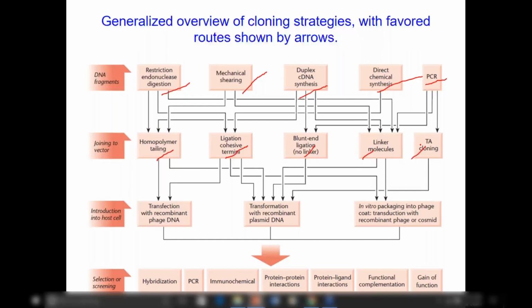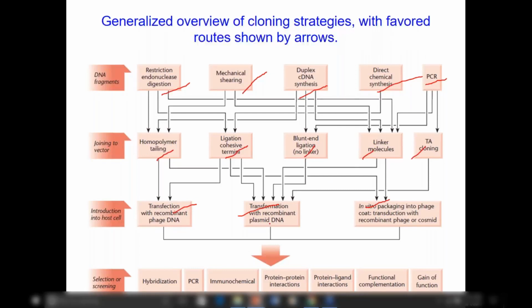Any one of the methods can be used in order to insert a piece of DNA into a plasmid. After that, this plasmid has to enter into a bacteria. That can be done by transfection, or by transformation, or by in vitro packaging.